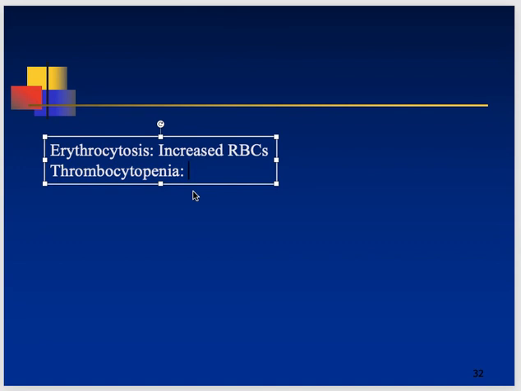Of course, when the platelets are less, the patient will present with bleeding from the nose, and when we brush our teeth it will come out from the gums, called gingival bleeding. Epistaxis will be there, and bleeding after dental procedures.